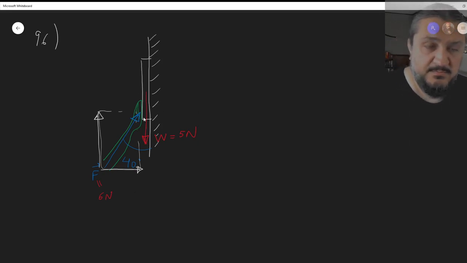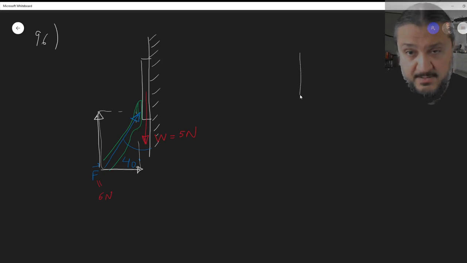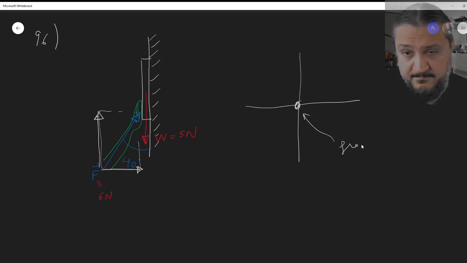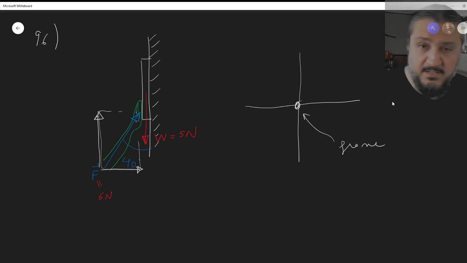Now, if I were to draw a free body diagram for the frame, this is the frame here. I'm just showing you alternative ways of drawing it.